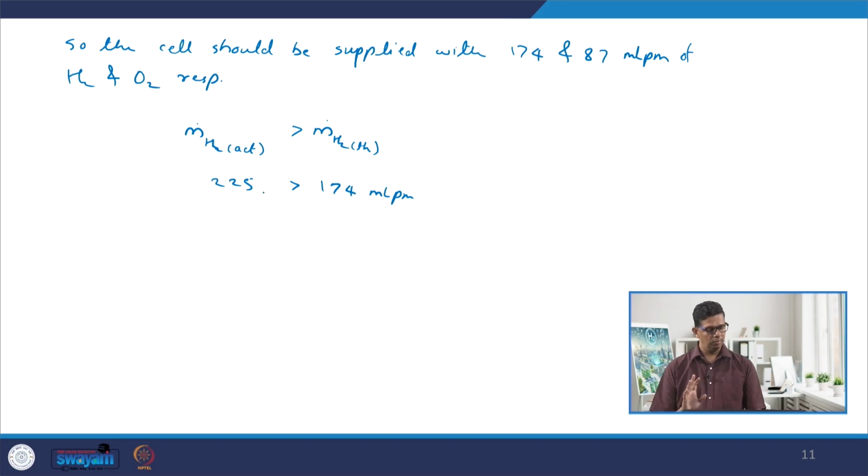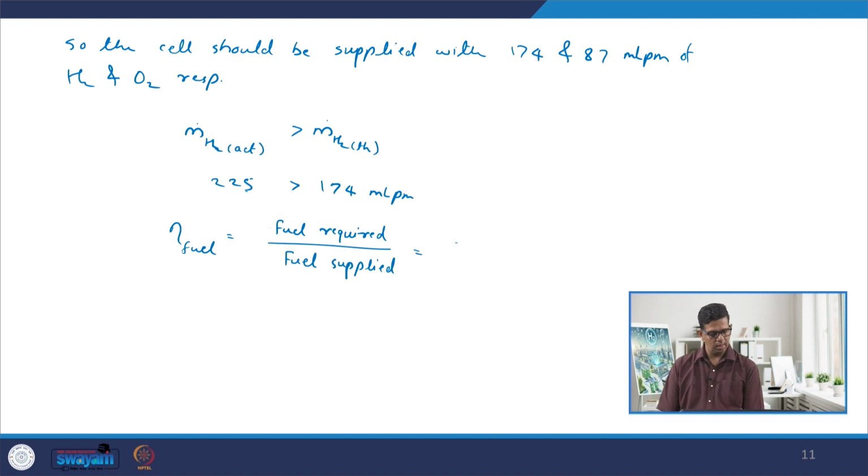Once we fix the actual flow rate of hydrogen, we can find out the fuel efficiency, which is nothing but the theoretical flow rate of fuel, that is, I can write, fuel required to fuel supplied, which is nothing but 174 by 225.